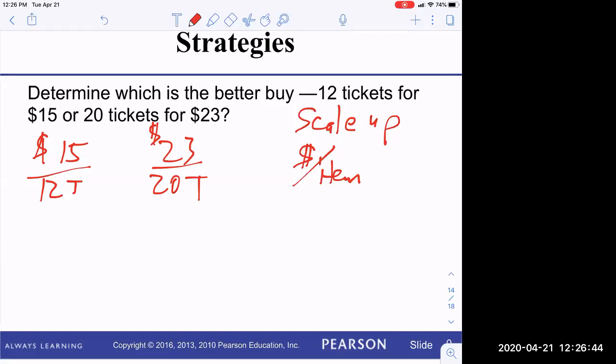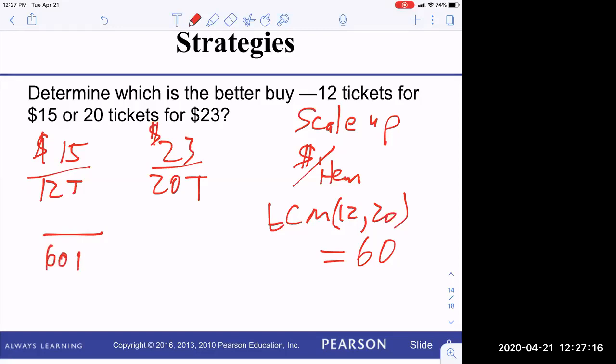Well, what I'm going to do is I'm going to scale up. Basically, I'm going to find the LCM of 12 and 20, which happens to be 60. That way, I can look at the numerator, how much it cost me for 60 tickets, and with the same denominator, I'll be able to make a decision. So to get to 60, I had to multiply 12 by 5.